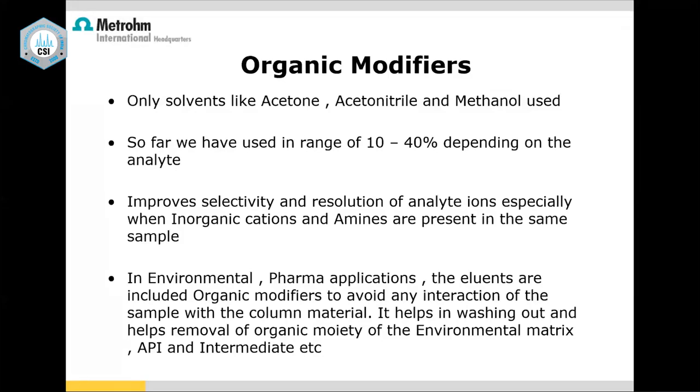Amines and acetone or acetonitrile, it's like dissolves like. It will dissolve the amines and bring them out of the column. So when I do cations and amines together, acetone and acetonitrile at around 10% or 12% really help in resolution and selectivity.